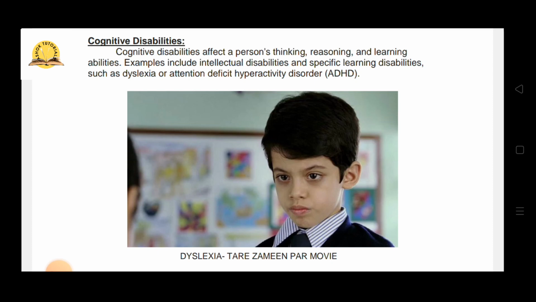So this is what happens in the case of Ishaan here. Examples include intellectual disabilities and specific learning disabilities like dyslexia or attention deficit hyperactivity disorder.